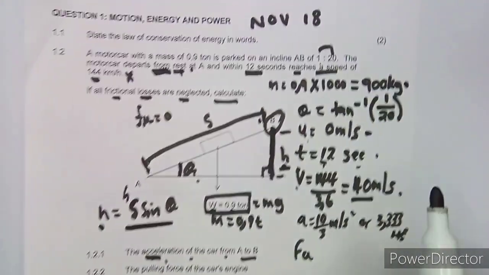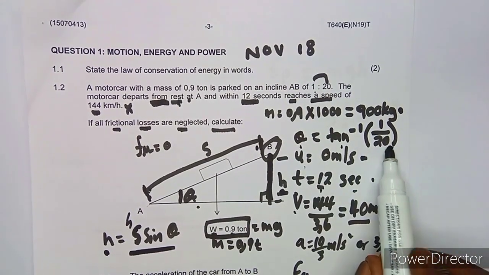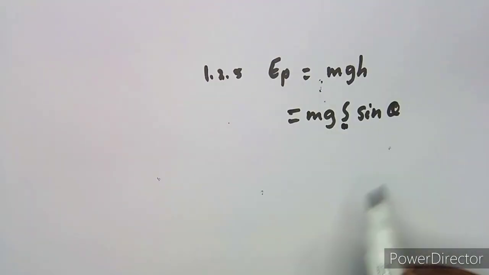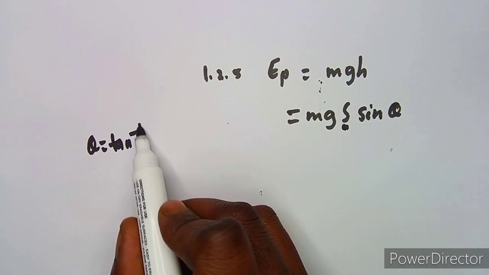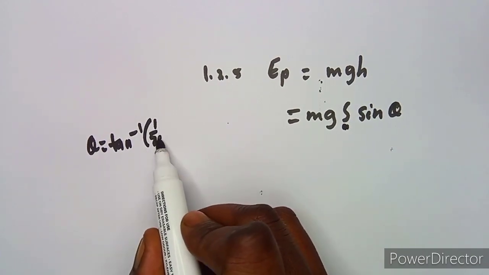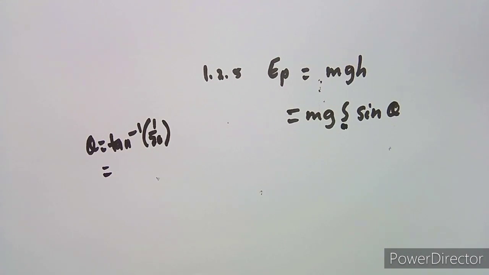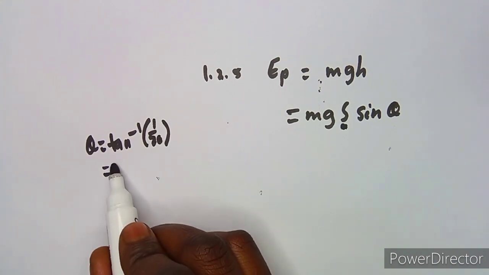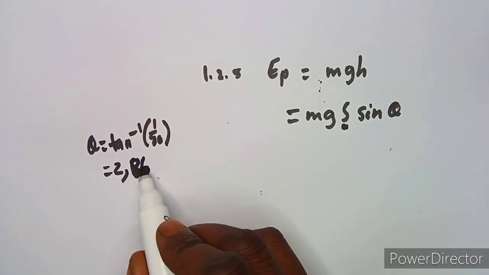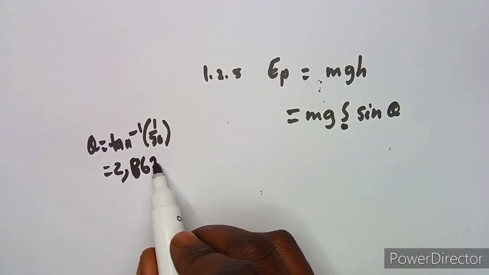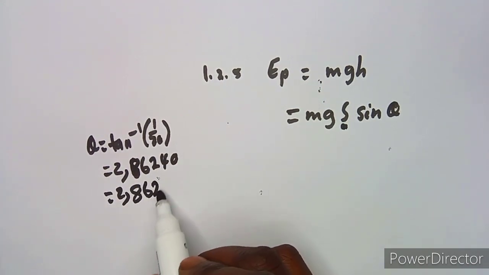Remember, our theta was on its way to be calculated here. We said theta is arctan 1/20. So let's just have that, which is going to give us 2.862 degrees.